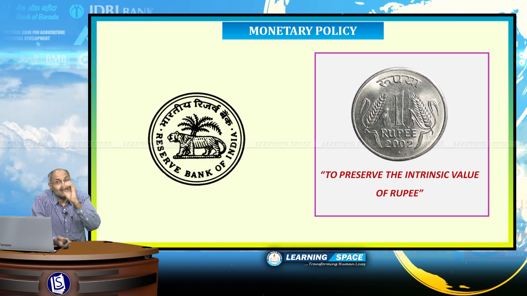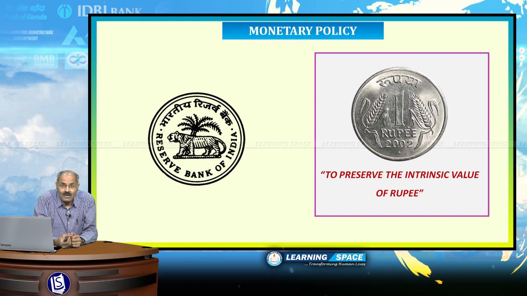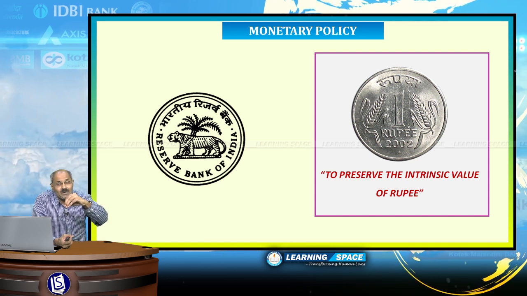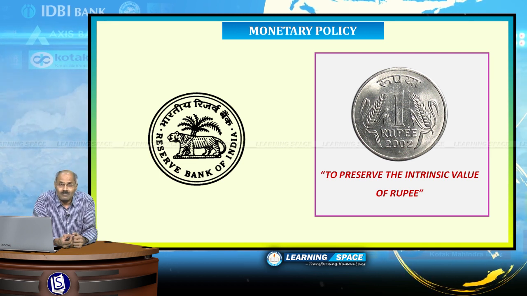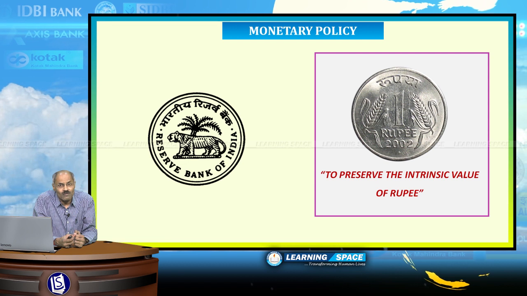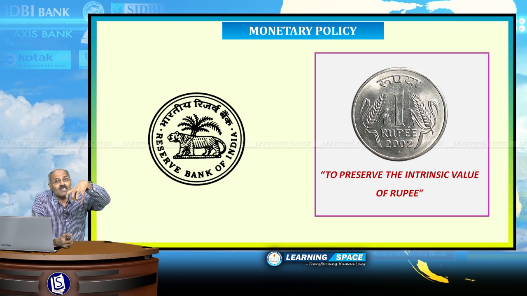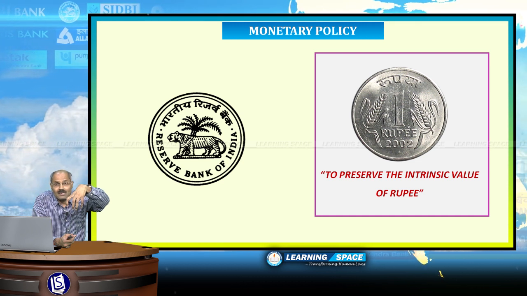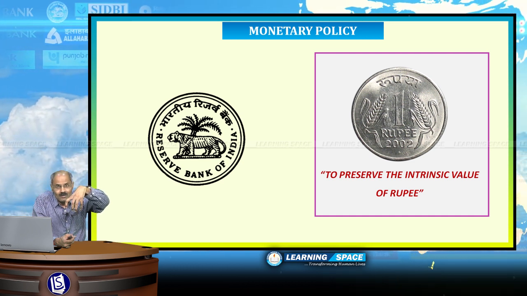Look at monetary policy. What is monetary policy? Monetary policy basically looks at preserving the value of rupee. I am talking about Indian currency. The main motto of monetary policy is preserving the intrinsic value of rupee. Value of rupee should not deteriorate fast.